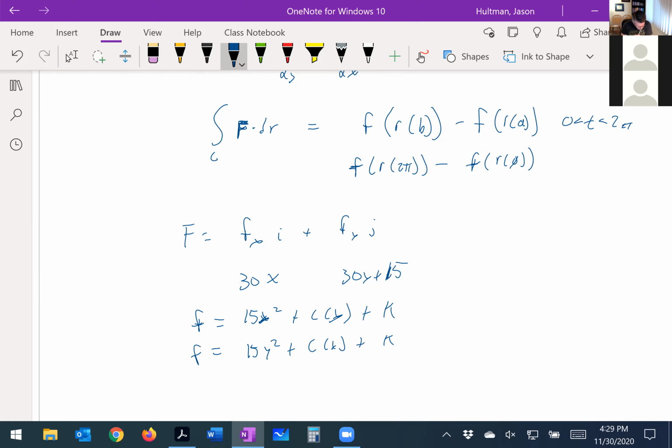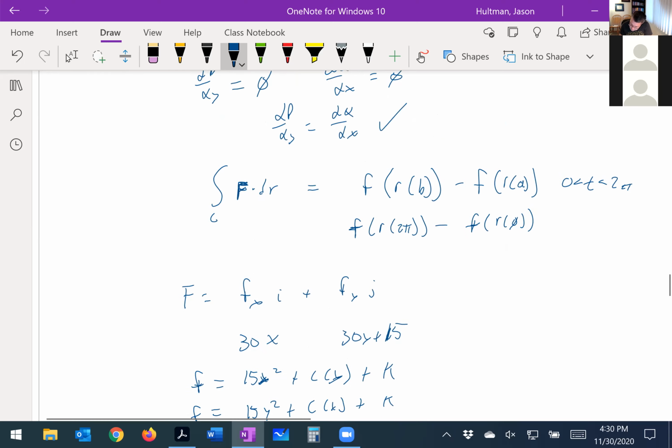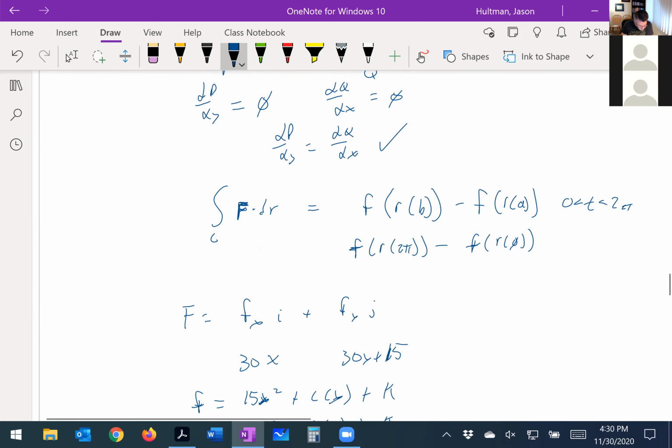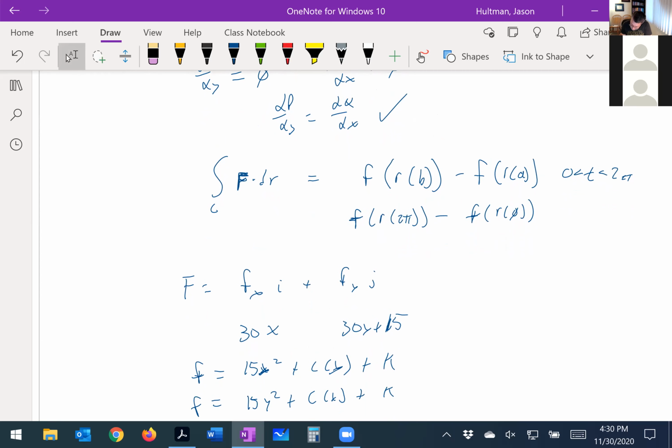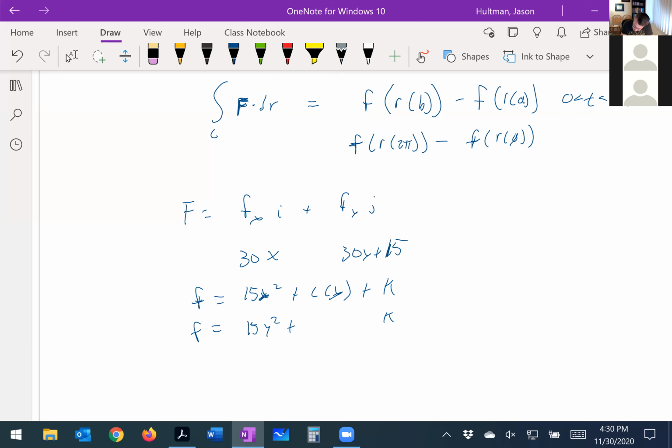Let me just make sure that I'm doing this right. I forgot the 15y. So it's 15y squared plus 15y plus c of x plus k.